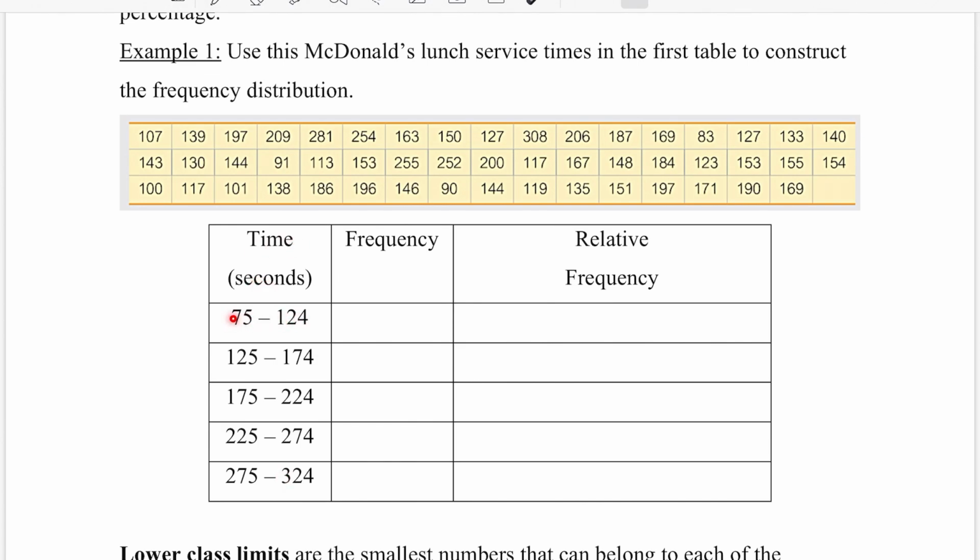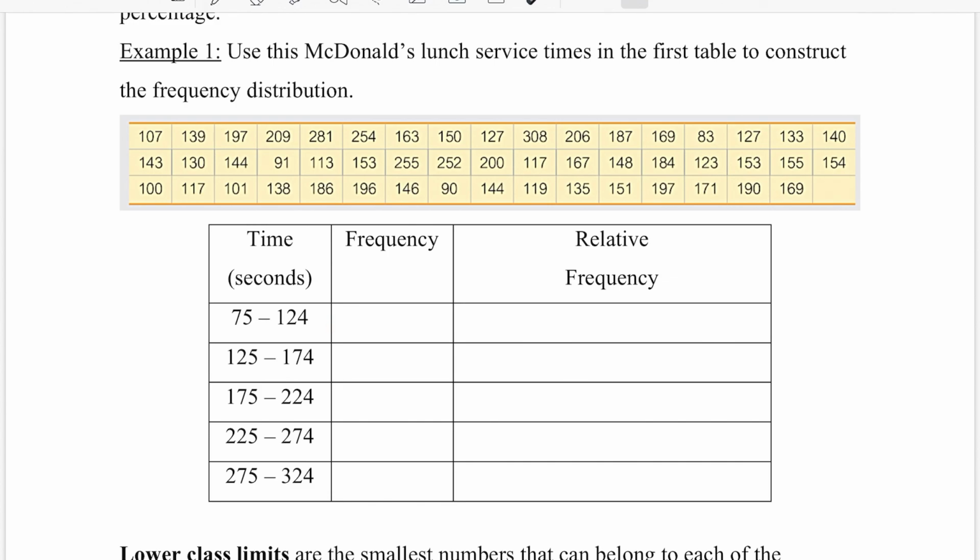These are called classes. I have 5 different classes. The first class contains the times from 75 seconds to 124 seconds. The second class is from 125 seconds to 174 seconds, and so on.